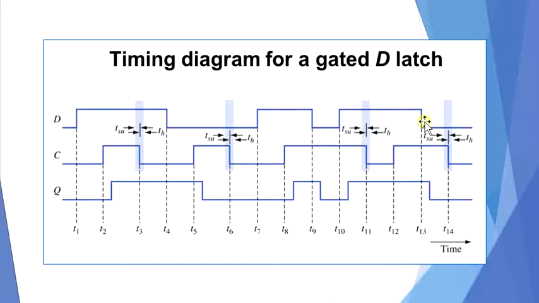The minimum time the D signal must be held fixed before the latching action is marked as TSU, which is called the setup time, while the minimum time the D signal must be held fixed after the latching action is represented as TH, which is called the hold time. Failure to satisfy the setup and hold time constraints can result in unpredictable output behavior, including metastability.